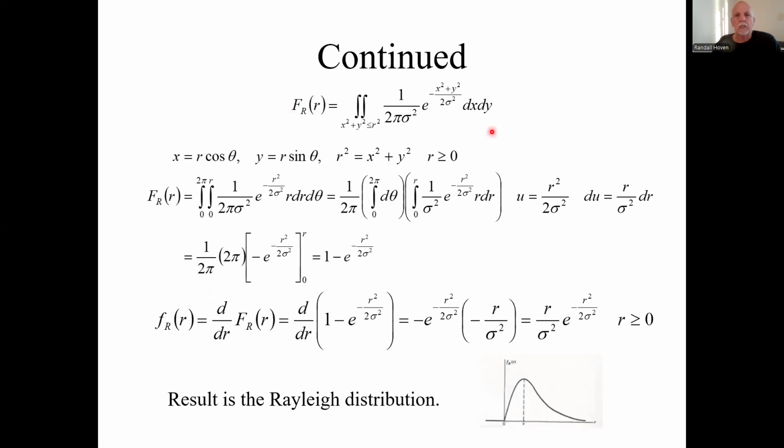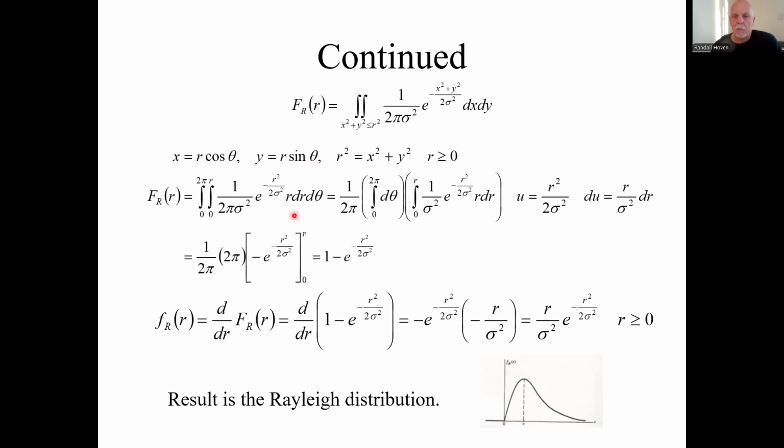So we want to take this integral. In this case, the way to go about doing that is to convert to polar coordinates. Then x would be r cosine theta, y would be r sine theta, and r squared is x squared plus y squared. The region of integration is a circle of radius r.